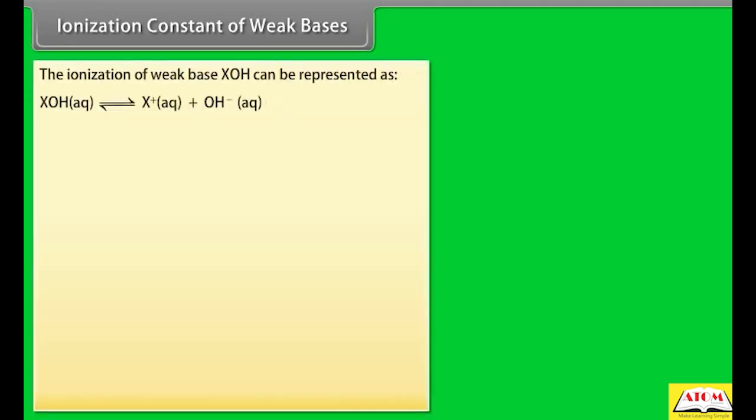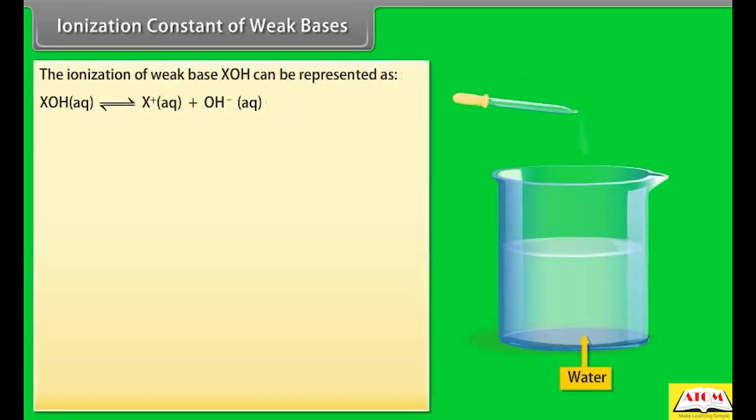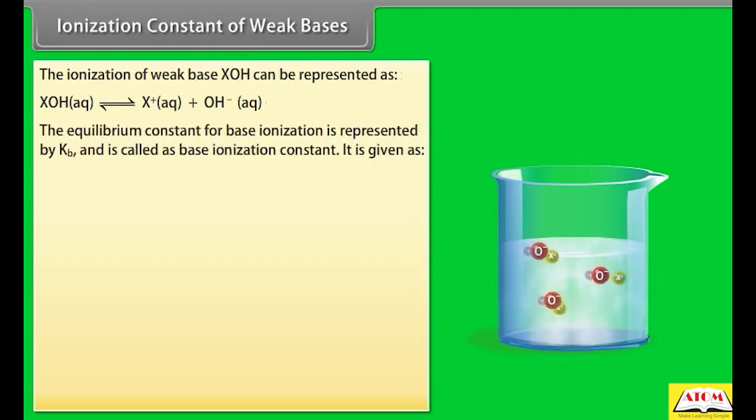Ionization constant of weak bases. The ionization of a weak base XOH can be represented as follows. The equilibrium constant for base ionization is represented by Kb and is called the base ionization constant.